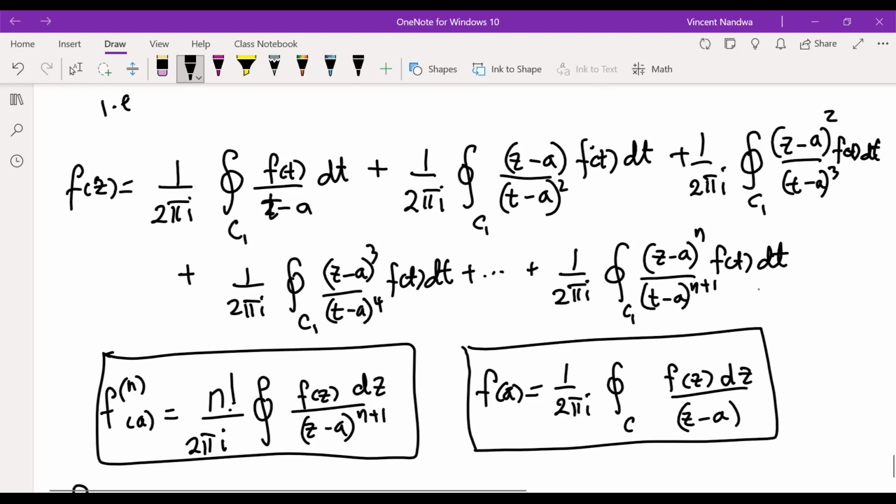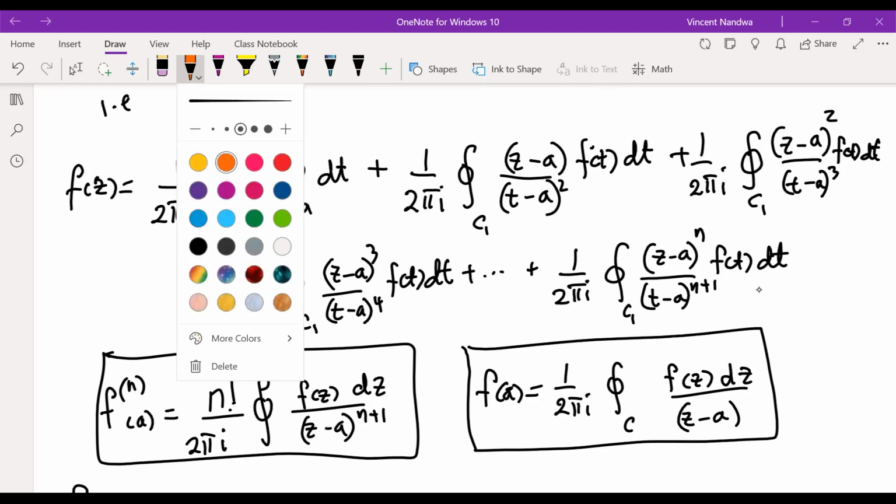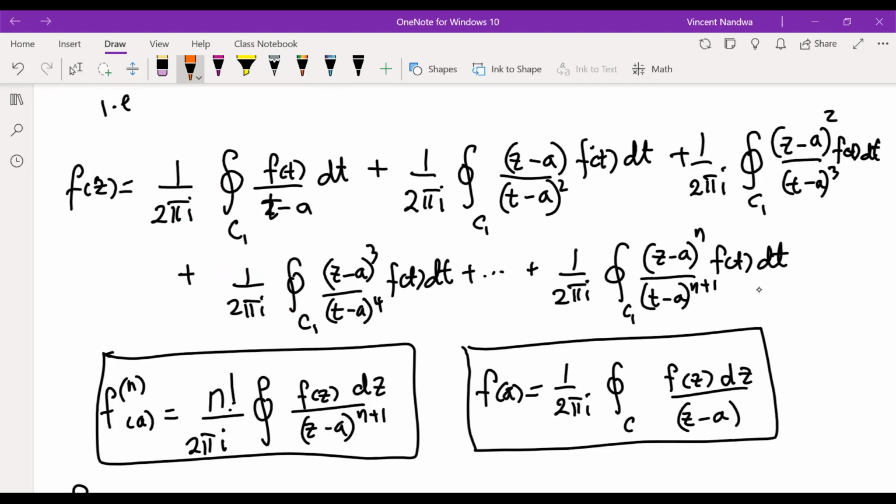So using these formulas, you see the first part here is exactly the same as this one, only that now this is taken by t, this is t, this is t. So this will be given by f of a.